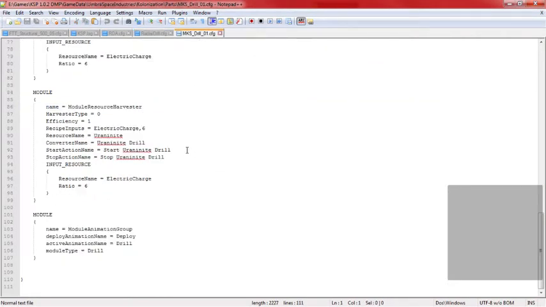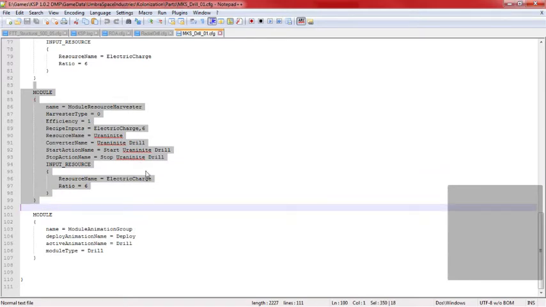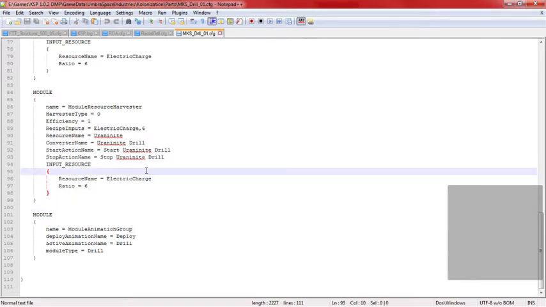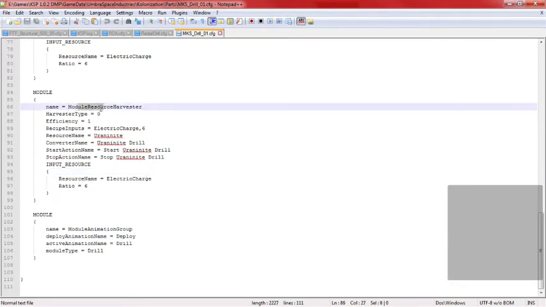So we're looking at the MKS drill, specifically this section. The drills go by Module Resource Harvester now, which I think is a little bit better name.